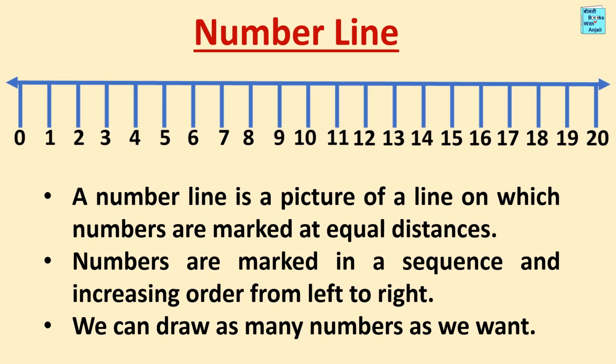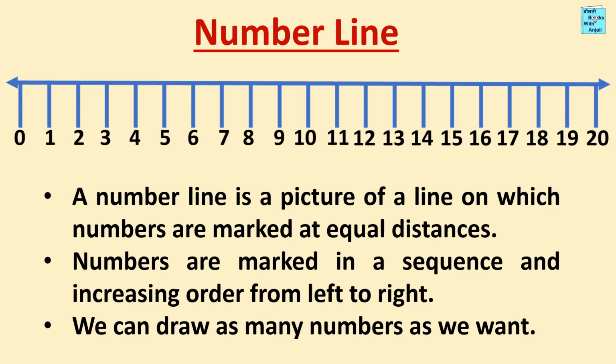Now let's revise what is number line. Number line is a line on which we show or mark numbers. All the numbers are marked at equal distance. We can keep on increasing the number line towards the right hand side. We mark the numbers in increasing order. That is, the smallest number comes on the left side, and as we move towards the right side, the numbers keep on increasing.